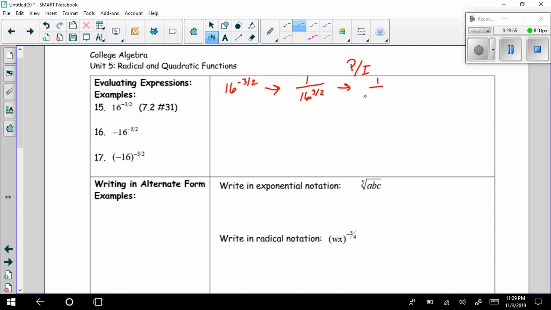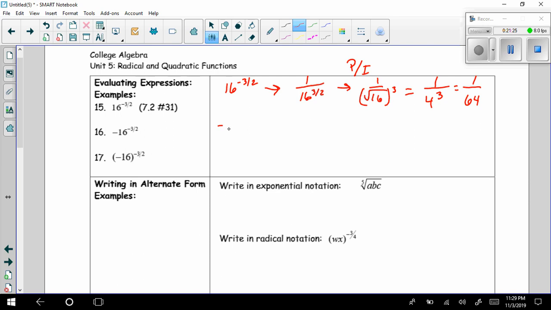So we have 1 over the square root of 16 cubed. And remember before I said write this in which way it is convenient. Because 16 is a perfect square, it's more convenient to take the square root and then cube it than it would be to cube a number as big as 16 and then find the square root. So your final answer for this is 1 over 64.